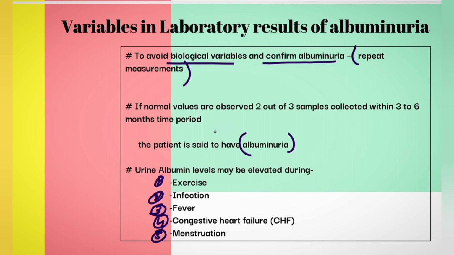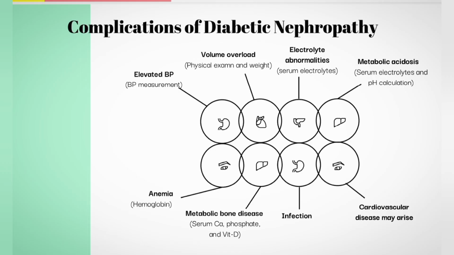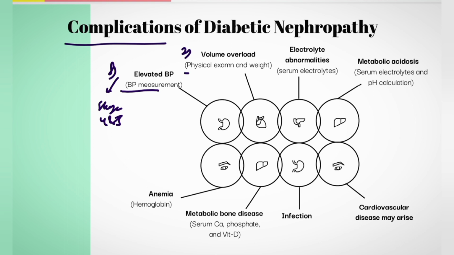Now let's discuss the complications of diabetic nephropathy. The person with diabetic nephropathy can have elevated BP, as we have seen that it is very common after stages 4 and 5, and this can be diagnosed by measurement of BP. A person can have volume overload, which can be confirmed by physical examination and measurement of weight.